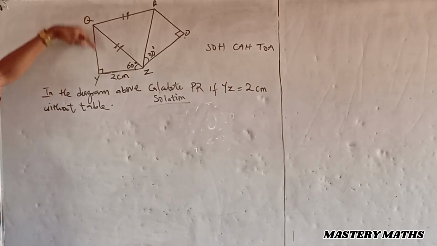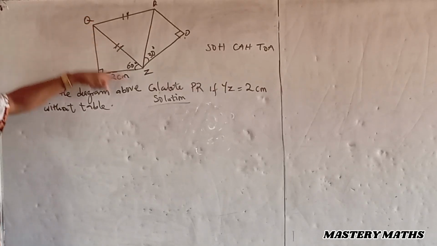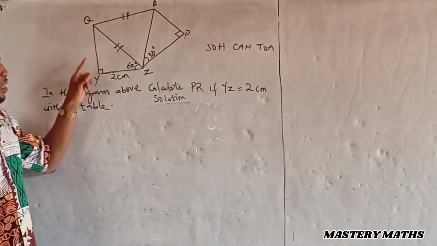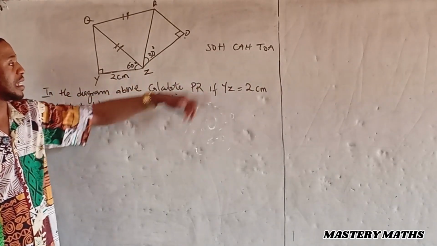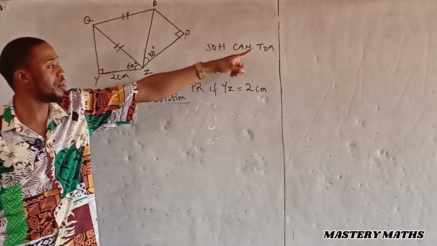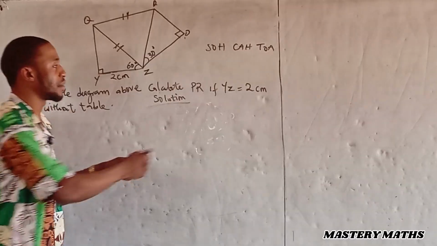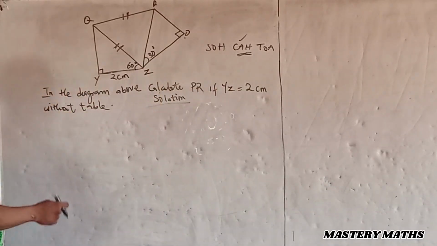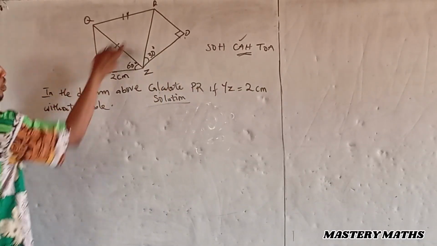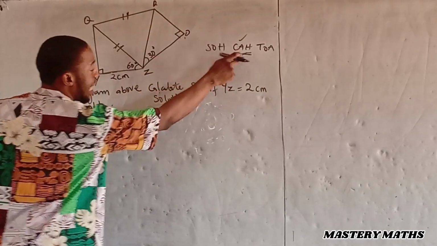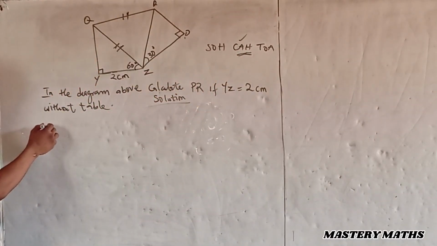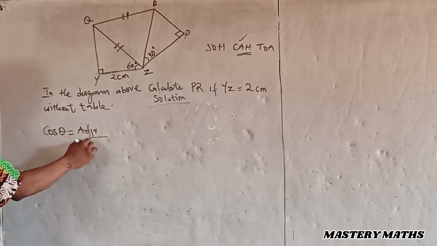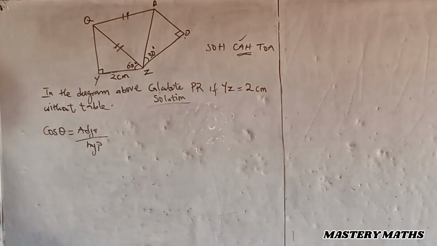So we use the hypotenuse and the adjacent, which leads us to cosine. So we say cos theta is equal to adjacent over hypotenuse.